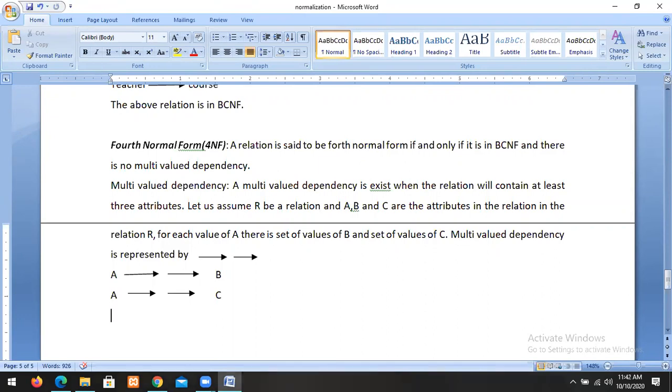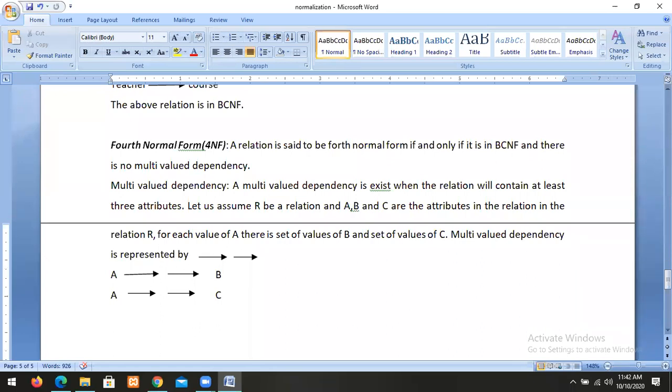So what is fourth normal form? A relation is said to be in fourth normal form if and only if it is in BCNF and there is no multi-value dependency. So if there is no multi-value dependency, then it is called fourth normal form.